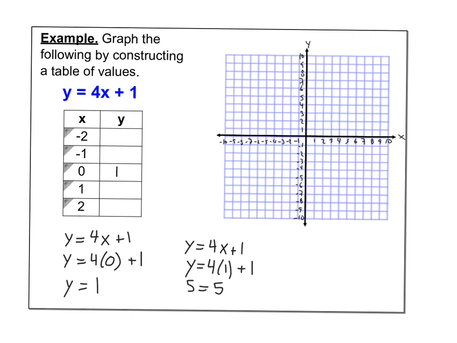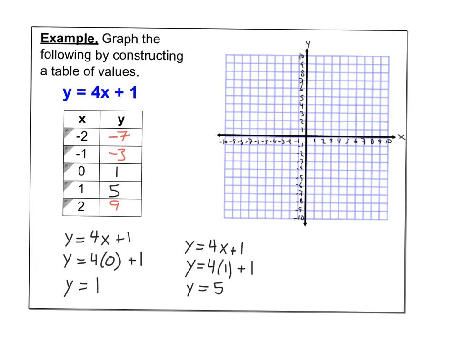So my y coordinate is 5. Okay, so here's the time where you stop the video and try solving the next coordinates on your own. Okay, did you do it? Here are my answers. Did you get the same answers as me?